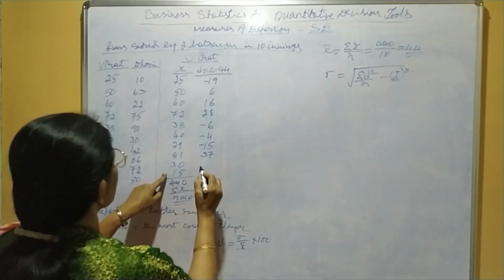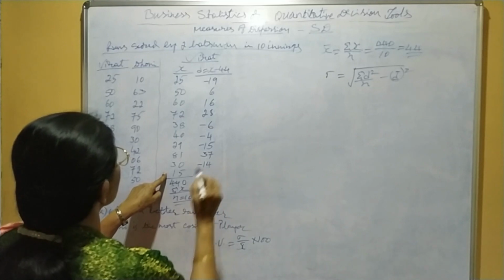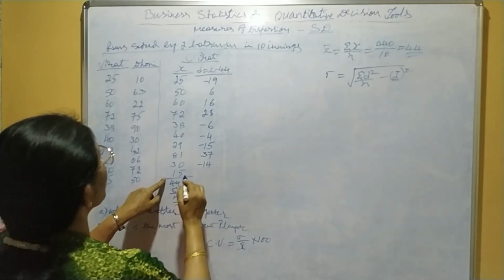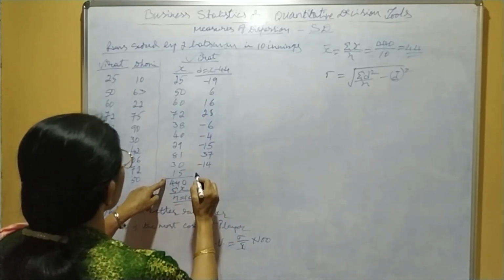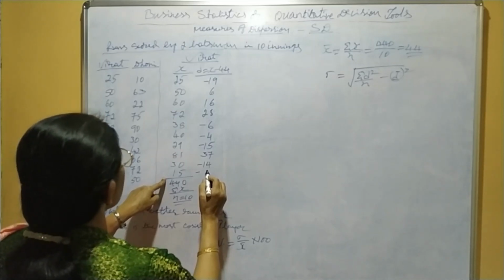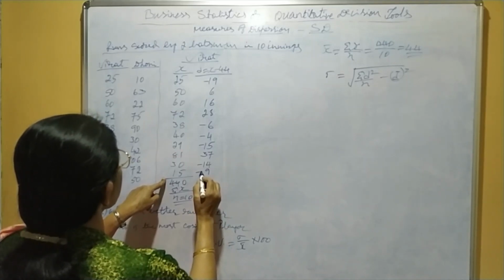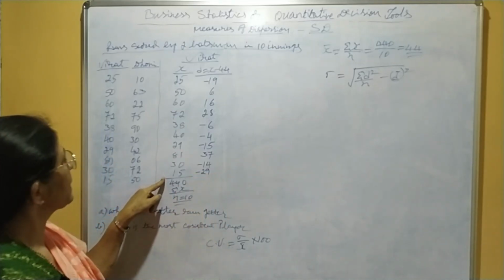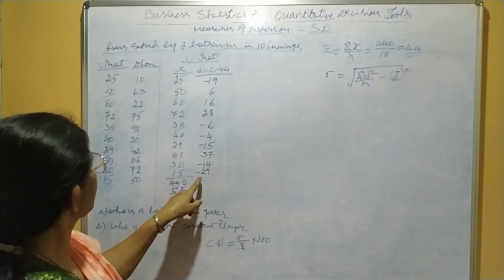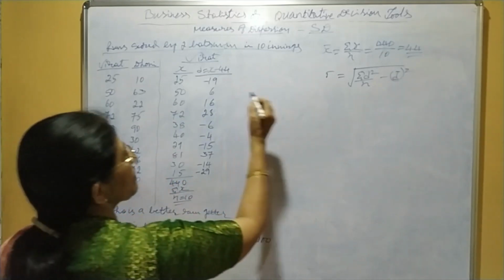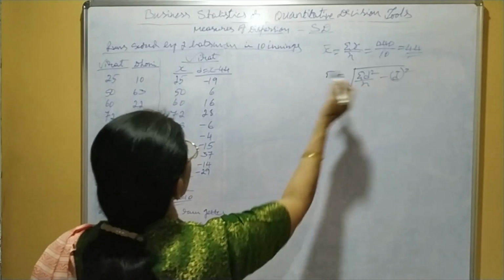Next 30 minus 44 is minus 14, then 15 minus 44 is minus 29, isn't it? Okay. Next one we need sigma d square.